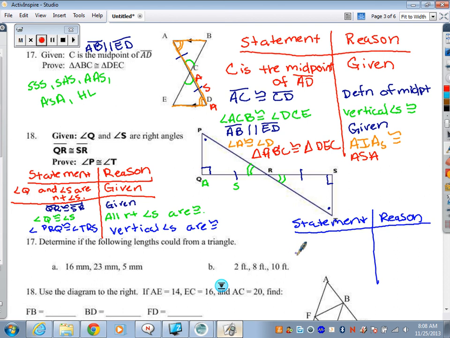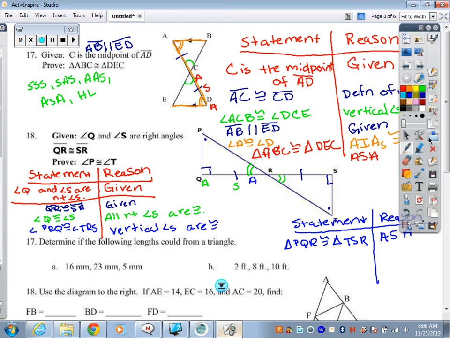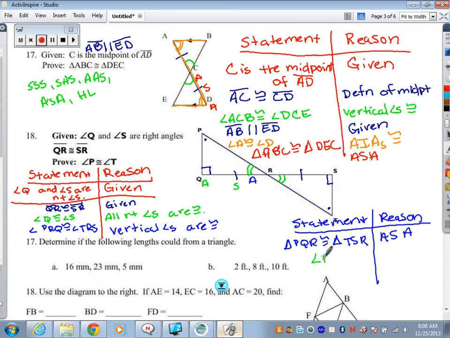The triangles. So triangle PQR is congruent to triangle TSR. Why? Well, we just included another angle, so this is angle, side, angle. Last step. Angle P is congruent to angle T. Corresponding parts of congruent triangles are congruent.